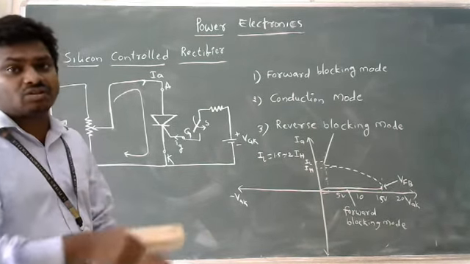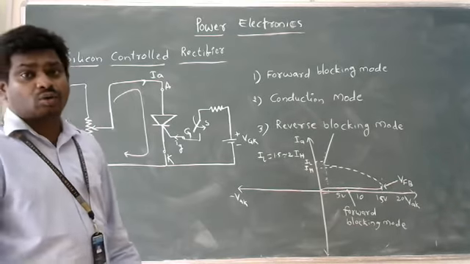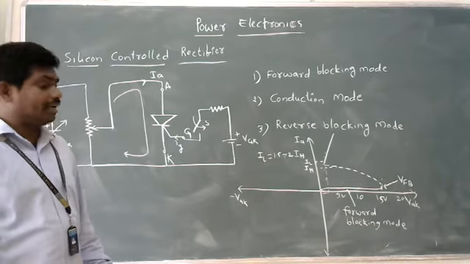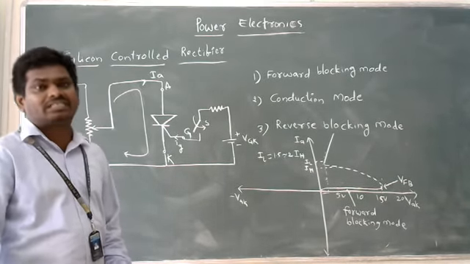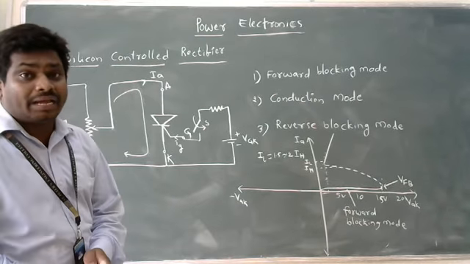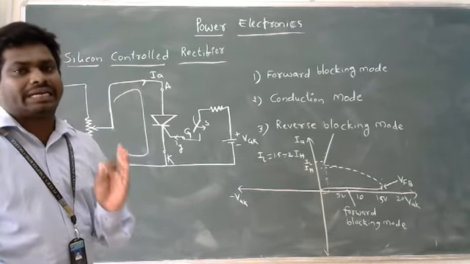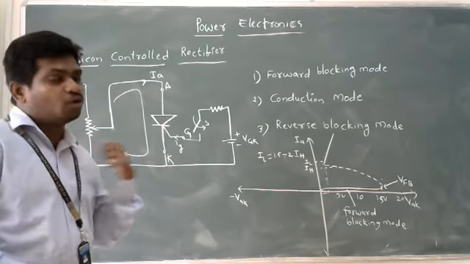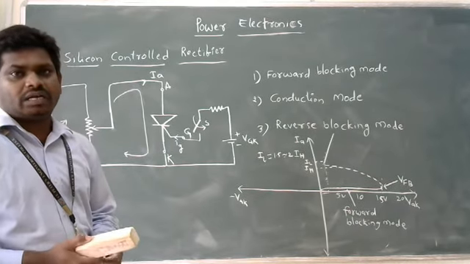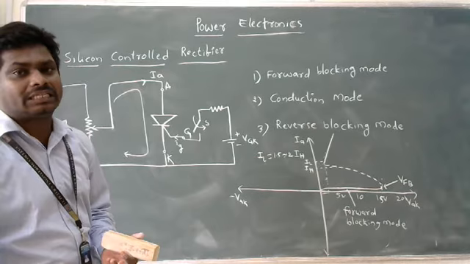Hence, the device allows current to flow from anode to cathode. But here I am initially breaking the J2 junction by applying external voltage across the gate and cathode, forcing current into the gate terminal.